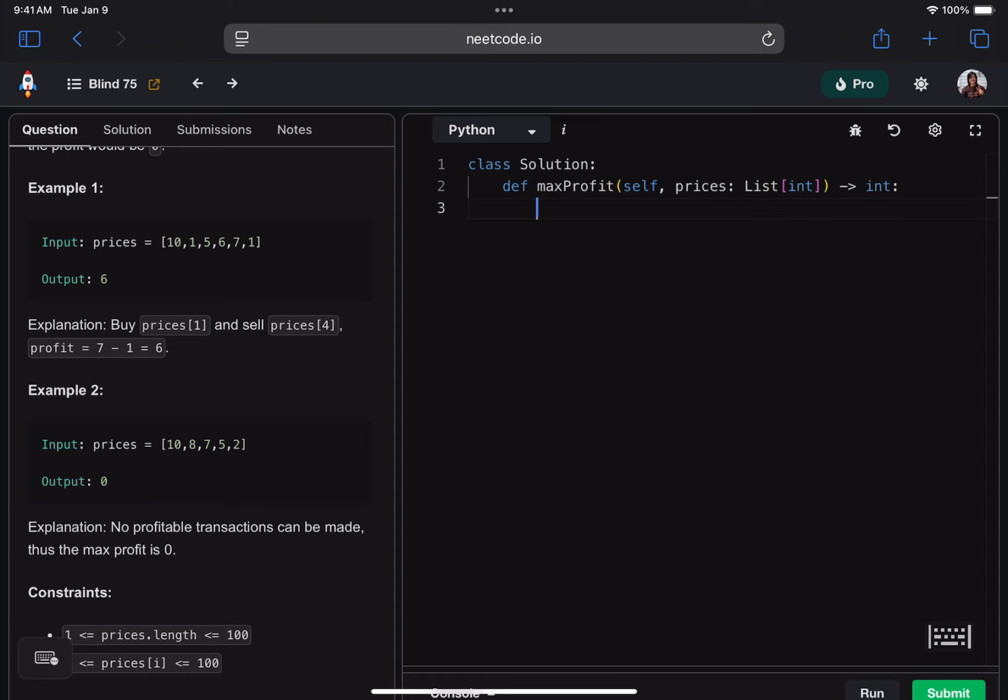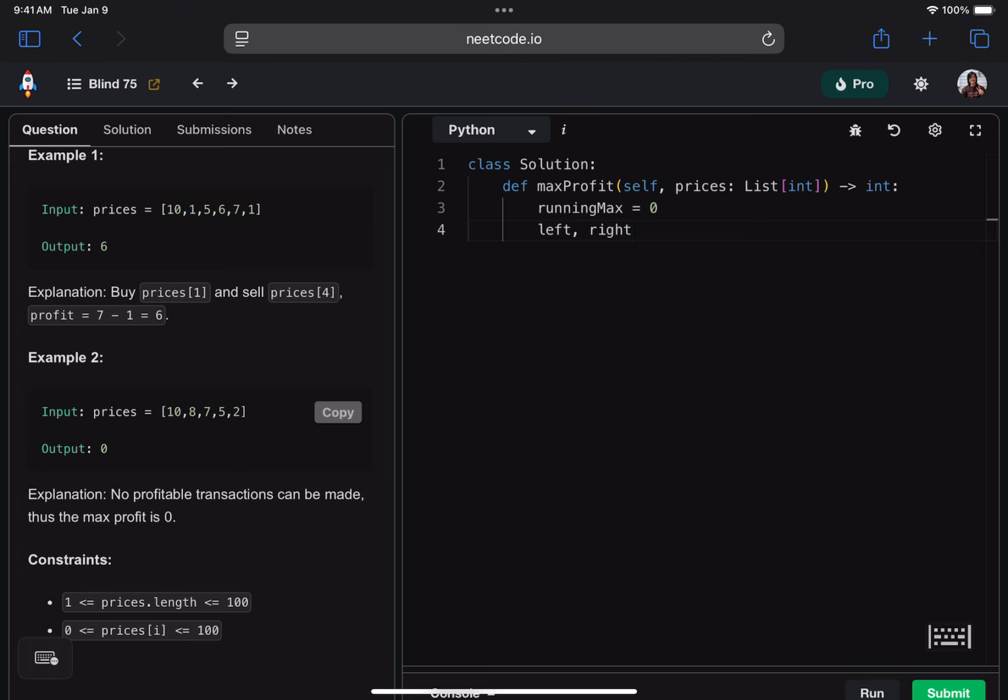But let's give it a shot. So we have our running max, which I'll initialize to 0 because again, it's possible that we just don't buy at all. So if we can't beat 0, let's just return 0. Okay, and then we'll have our left and our right pointer. Left is going to start at 0, and right is going to start at whatever left plus 1 is.